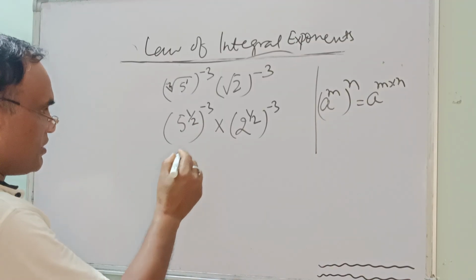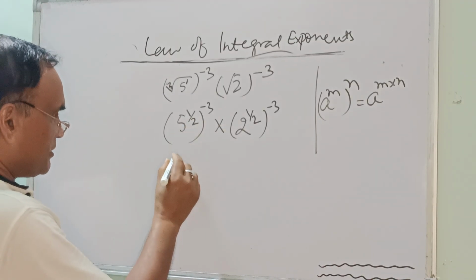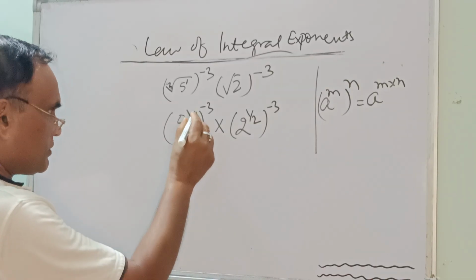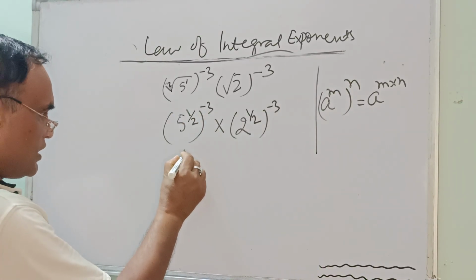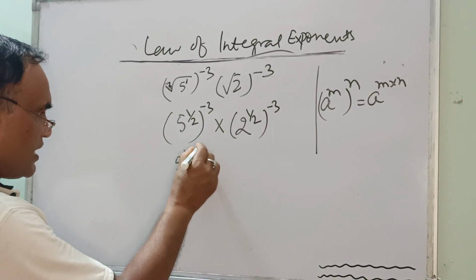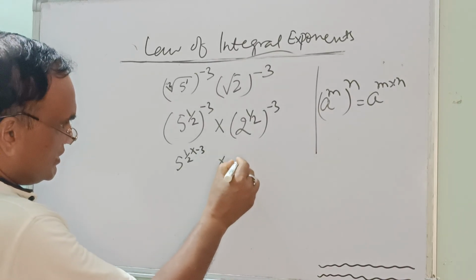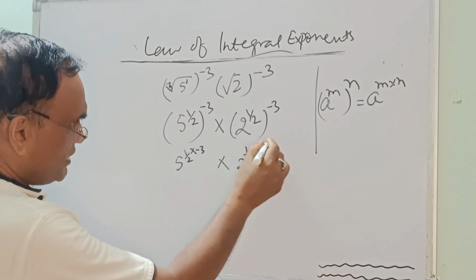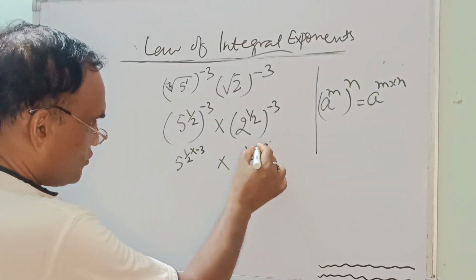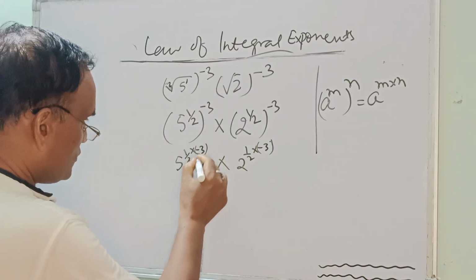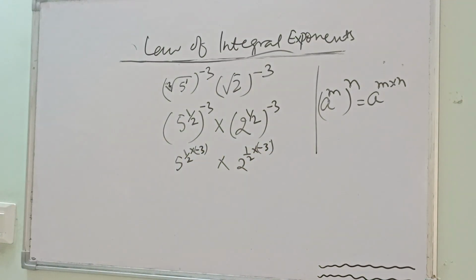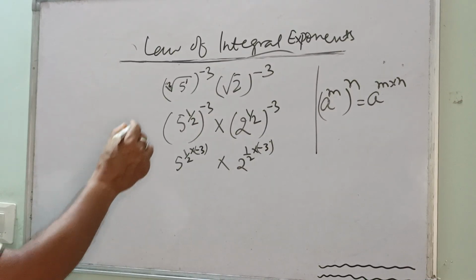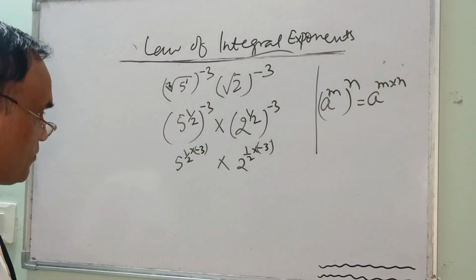Yes, I can multiply this power. So we'll write here half into minus 3, and again here, half into minus 3. Can you write half into minus 3 here also? Yes, I can, because if the power is in this form, the powers are multiplied.